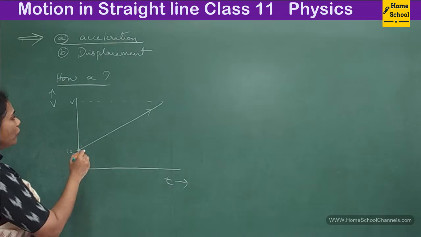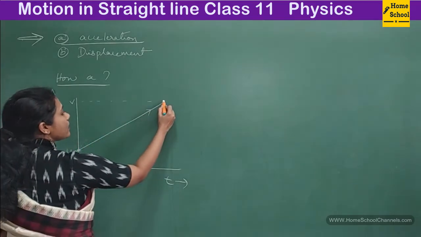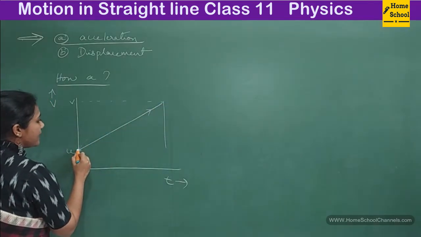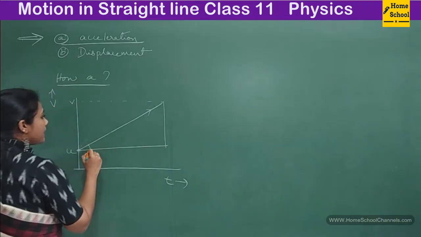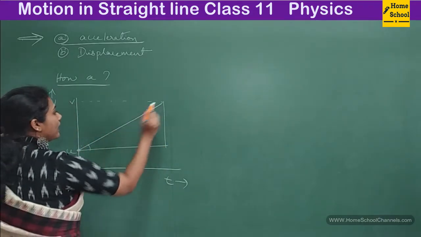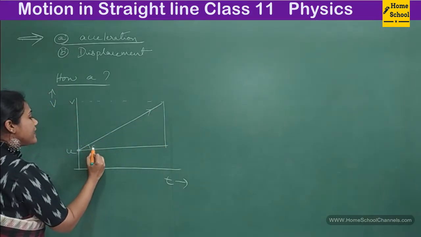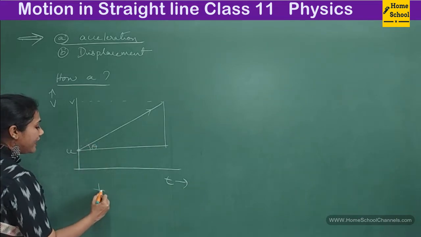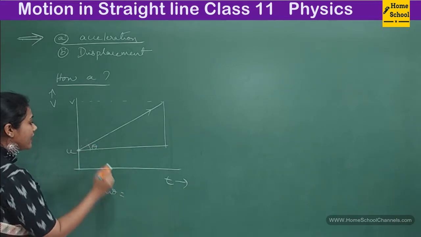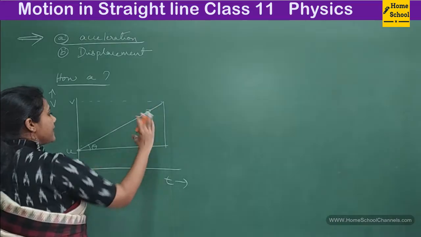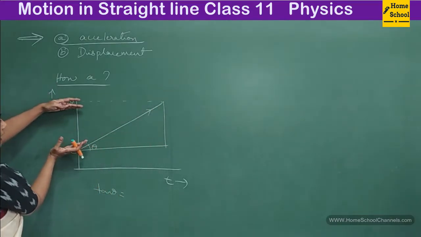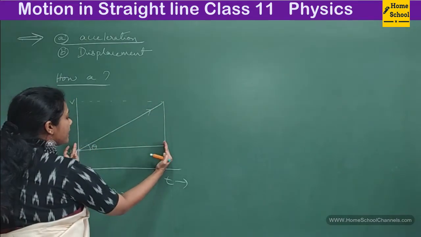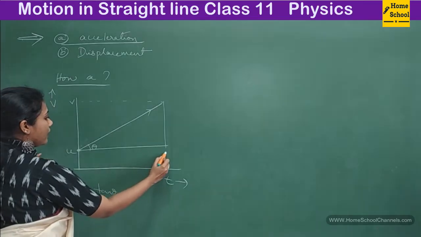Fine. And you know what is the slope of this line? Slope of this line is this much. So this is the slope of this particular line, right? Say this is tan theta. How do you calculate tan theta here? Tan theta is nothing but this difference divided by this difference, right?